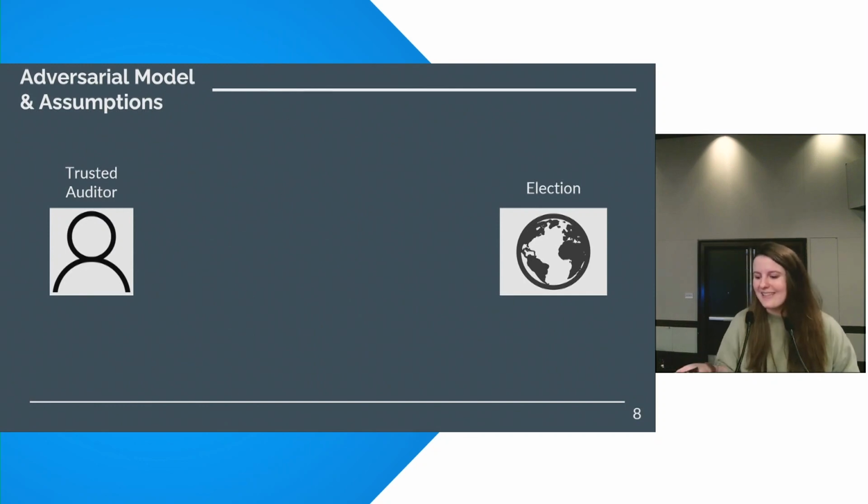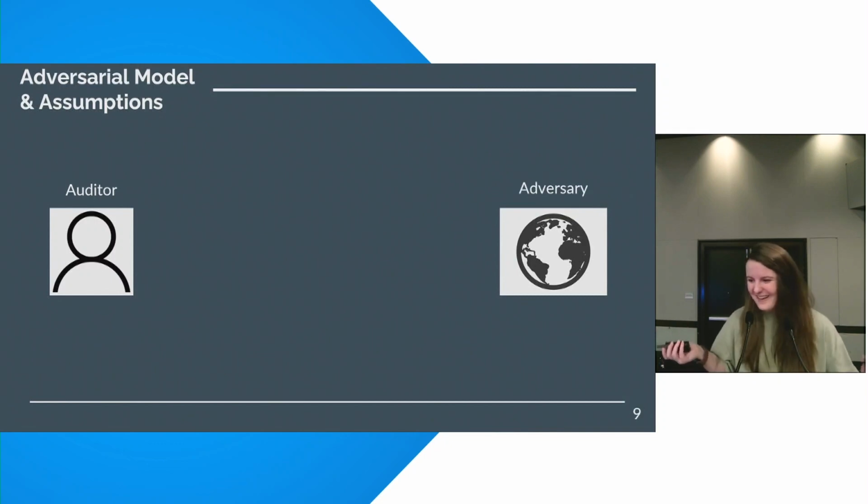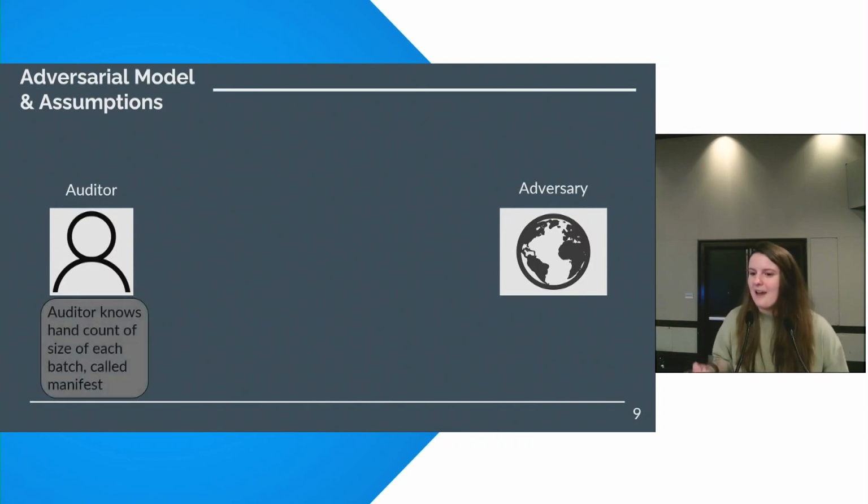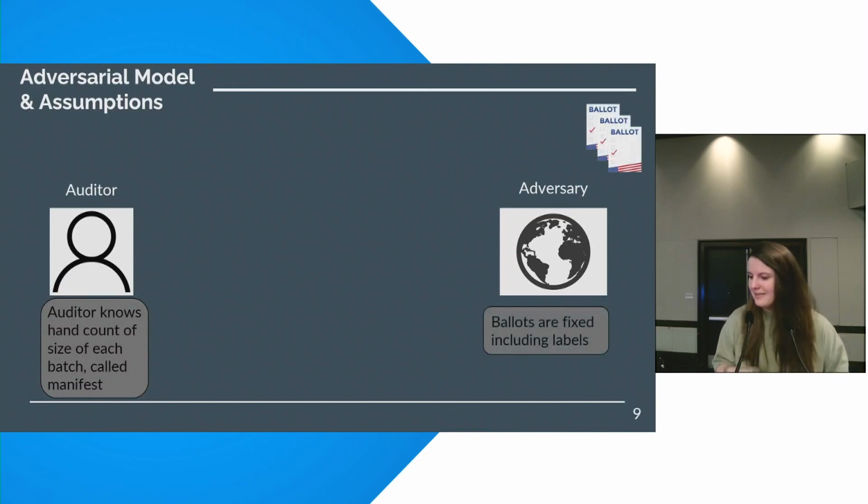So for our adversarial model and assumptions for adaptive RLAs, our election changes to auditor and adversary. Our first assumption of this model is that the auditor knows the hand count of each batch, also known as the ballot manifest, similar to the normal ballot comparison procedure. And our second assumption is that ballots are fixed, including labels.